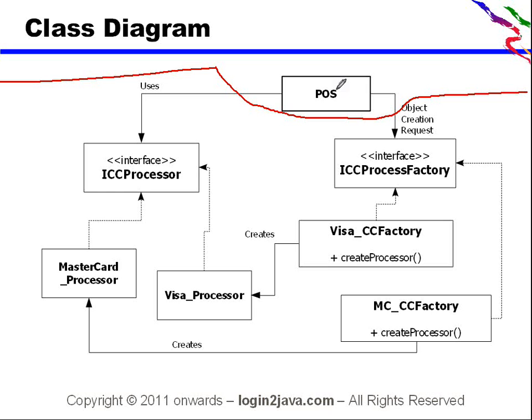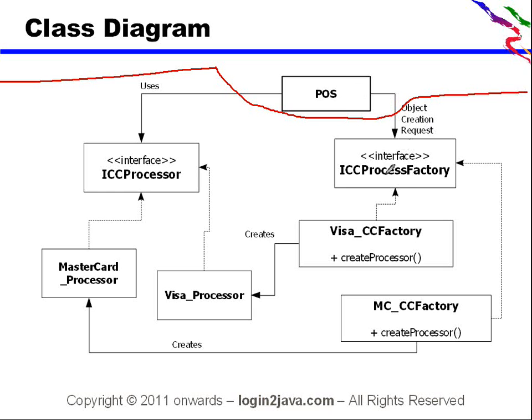Suppose we just have two types of companies for processing the credit card. One is Visa and one is MasterCard. So this configuration information tells the POS which credit card transaction, either Visa or MasterCard, needs to be processed. So based on that information, POS creates either Visa CC factory.